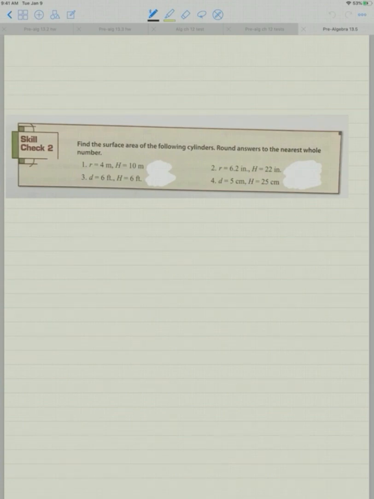All right, skill check number 2. Number 1: find the surface area of the following cylinders, round to the nearest whole number. Number 1, r is equal to 4 meters, big H, height, is equal to 10 meters. Again, big S is equal to big L, lateral surface area, plus 2 times the area of the base.